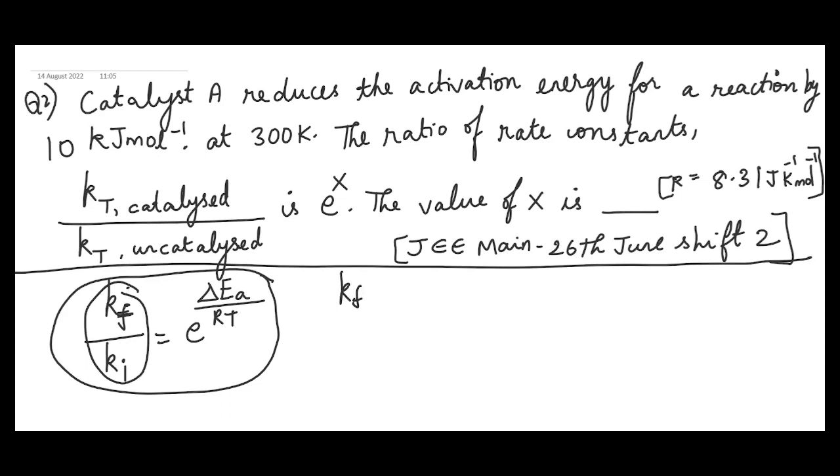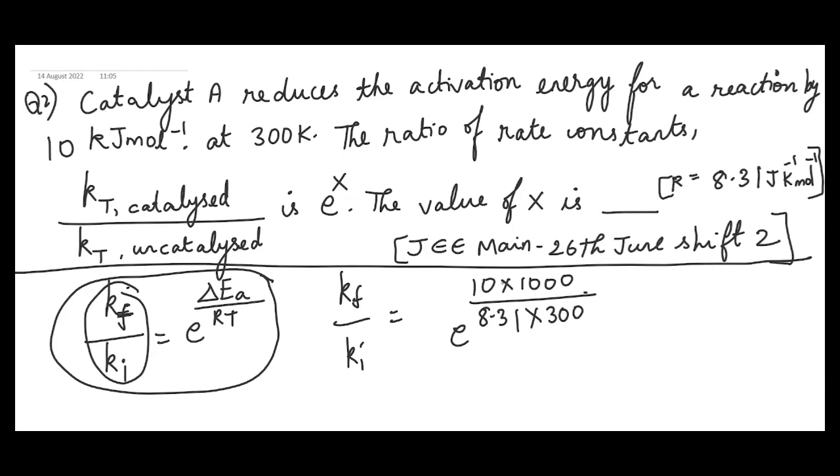So Kf by Ki is equal to e power the change in activation energy, which is nothing but 10 kilojoules, so 10 into 1000, divided by R, they have given the value to be 8.31, and into temperature which is 300.